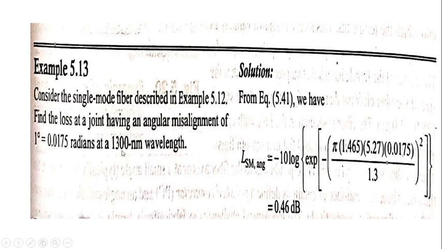Lambda is 1300 nanometer, it will be 1.3 micrometer. So whole square. After substituting and calculating, we are getting the answer: the insertion loss due to angular misalignment is equal to 0.46 dB. Thank you, students.